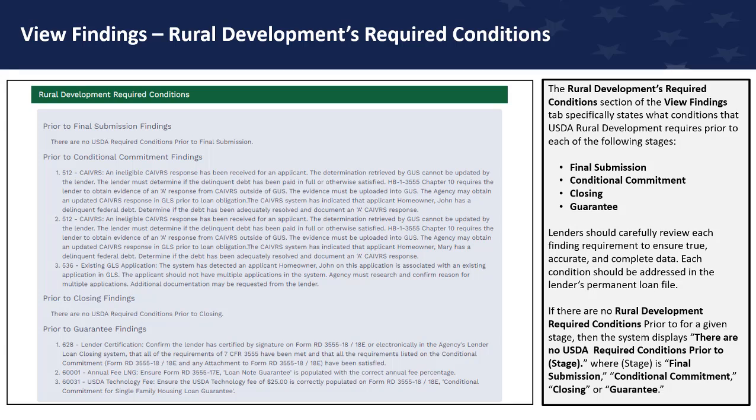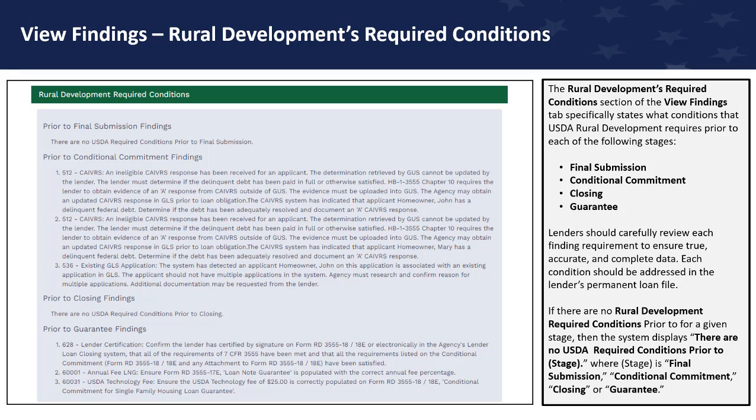Each condition should be addressed in the lender's permanent loan file. If there are no Rural Development required conditions prior for a given stage, then the system displays "There are no USDA required conditions prior to the stage," where the stage is final submission, conditional commitment, closing, or guarantee.